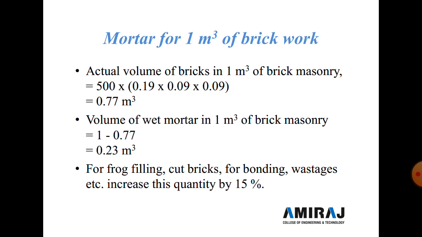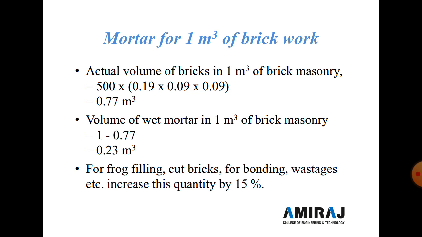So the volume of wet mortar in 1 meter cube brick masonry work is 1 minus 0.77, where 0.77 is the actual volume of the brickwork. So we get a value of 0.23 meter cube. For frog filling, cut bricks, bonding, wastage, etc., we increase the quantity by 15%.